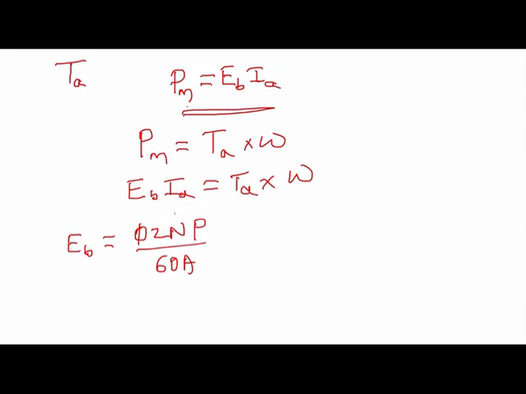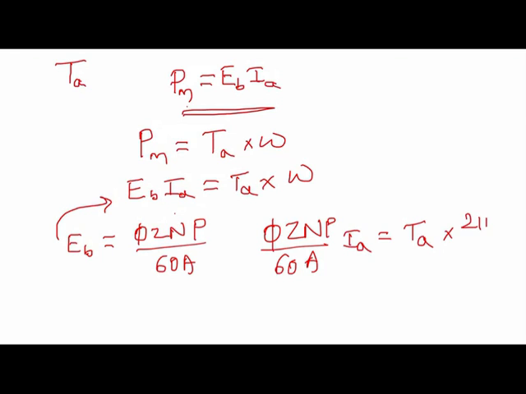If you substitute the equation of EB here, we get phi ZNP by 60A into IA is equal to TA, and we also know omega is equal to 2 pi n by 60. Upon solving this equation, we get the torque equation. You can see here that n gets cancelled, and 60 gets cancelled.